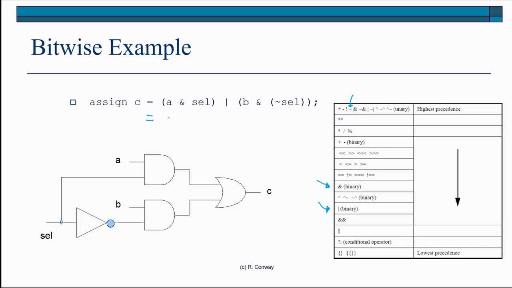We could actually have written the expression as follows, and we'd have achieved the same functionality. But if you're in doubt about the precedence of any of the operators, it's best to use brackets to ensure that the operators are performed in the order that you require.